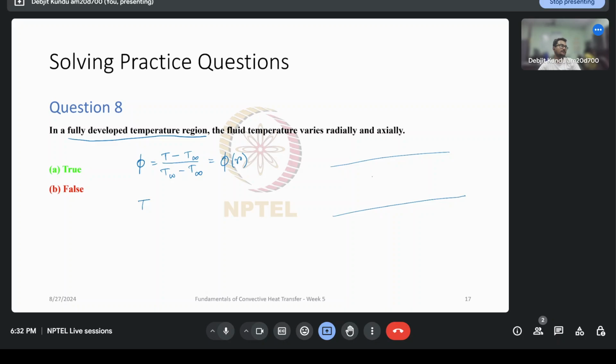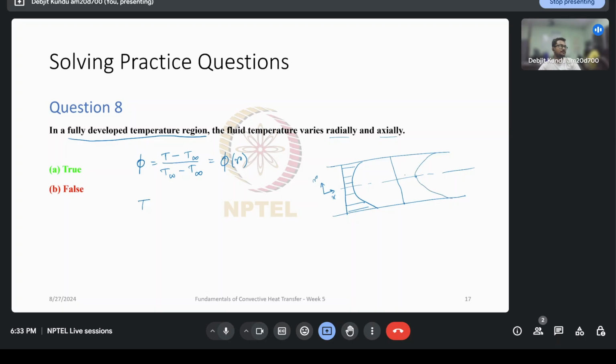So if I draw a few profiles, let's say at some section I have a profile like this of temperature T. Once again, this is my r direction, this is my x direction, radial and axial. Down the line, if there is heat transfer, the temperature will actually increase.